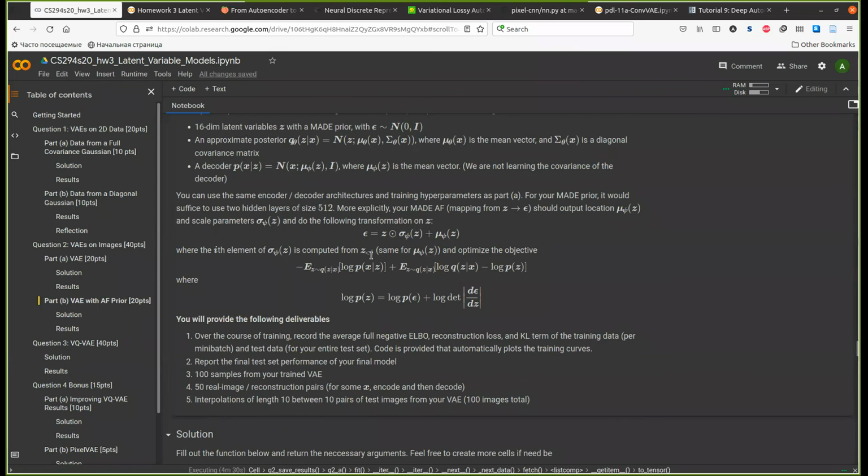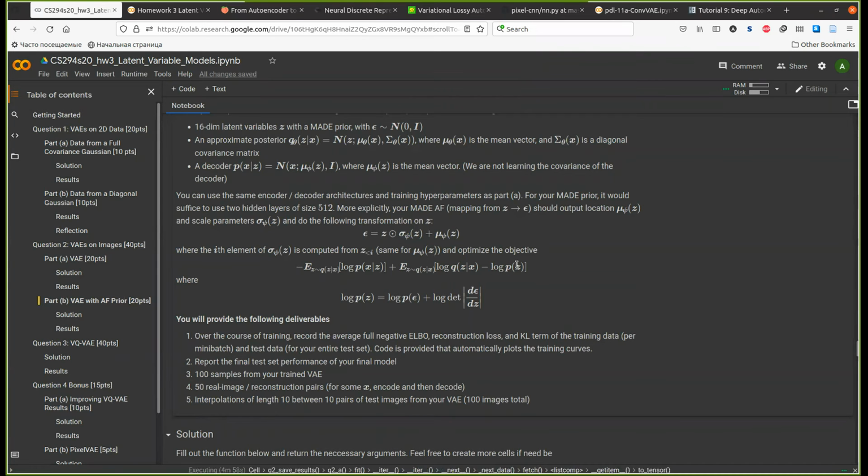And the total loss function in this case will be, here we have a reconstruction loss, that's P of X given Z, right? And we have this KL divergence between our posterior distribution Q of Z given X and prior distribution P of Z.